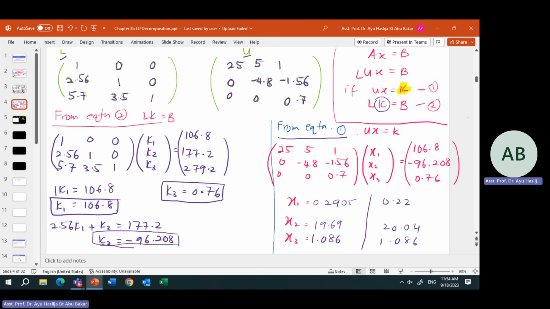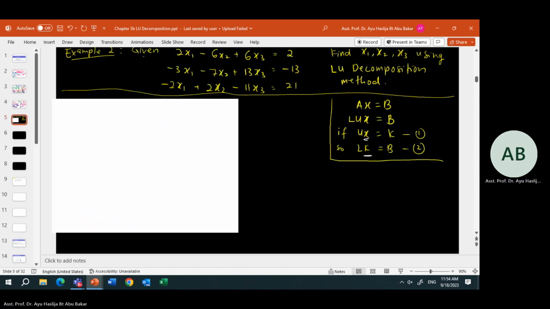Okay, if you are done, try this exercise. Wait, let me make it visible.